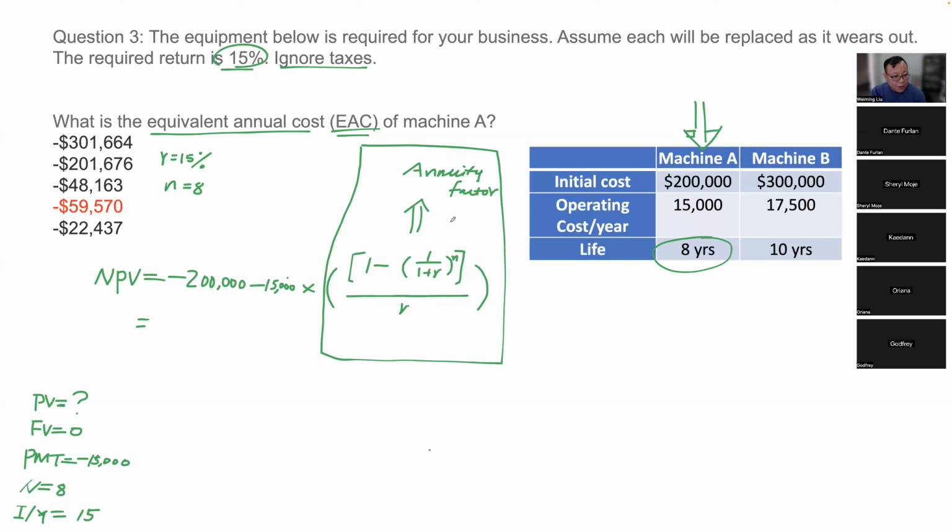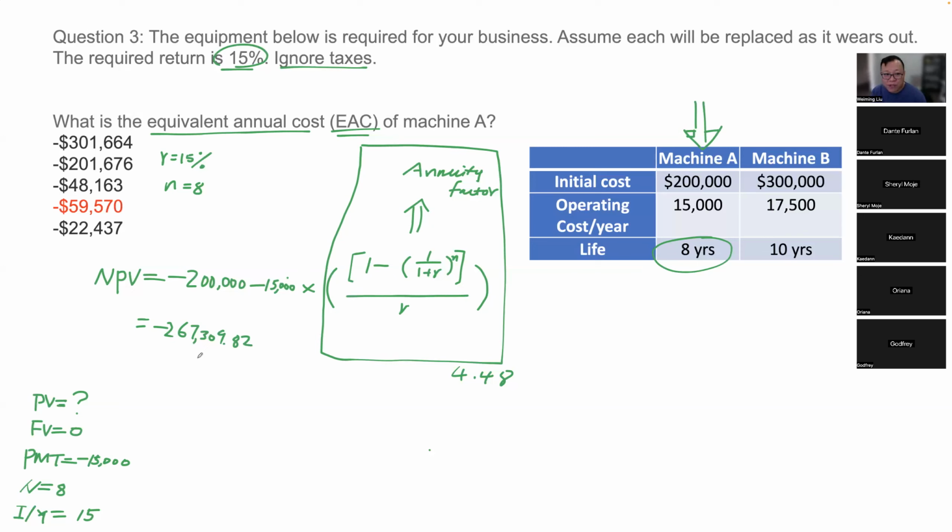So we know this net present value is negative 267,309.2. Okay, so that's the net present value. What about the annuity factor? Okay, 4.48. Okay, now use net present value divided by the annuity factor.